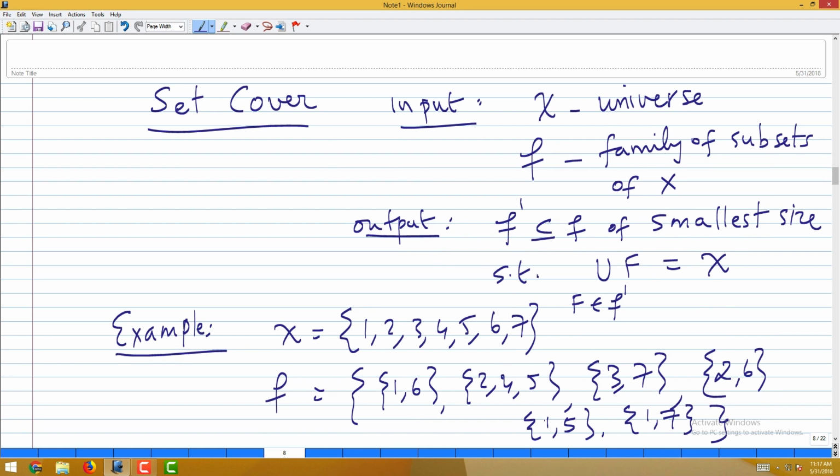Maybe any other combination will give you 4 sets. So, this is the goal. You want to pick the minimum number of sets that will cover the universe.